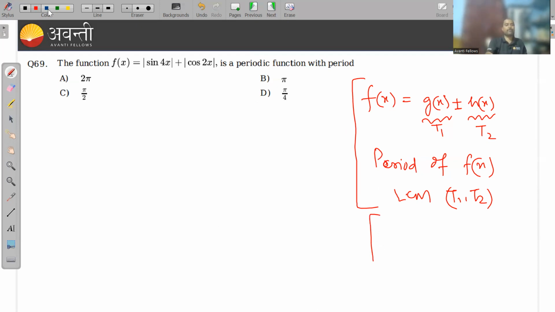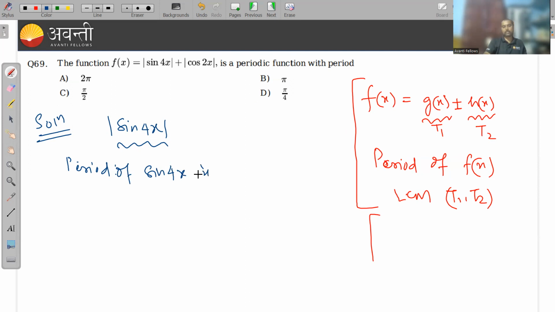Chalo theek hai, we'll use it and it will be directly clear. So in the question it is given f of x is equal to mod of sine 4x. So what is the period of this function? The period of sin x is 2 pi.